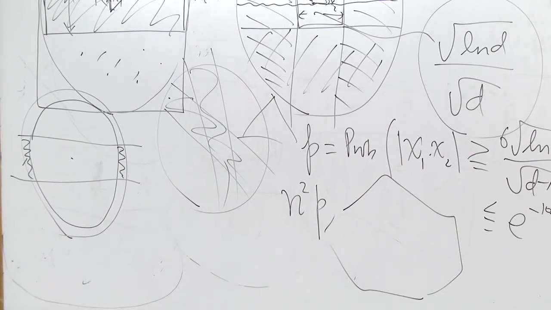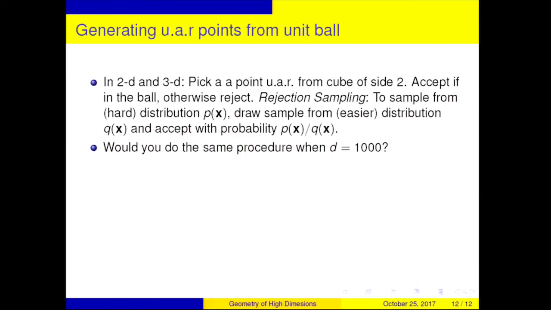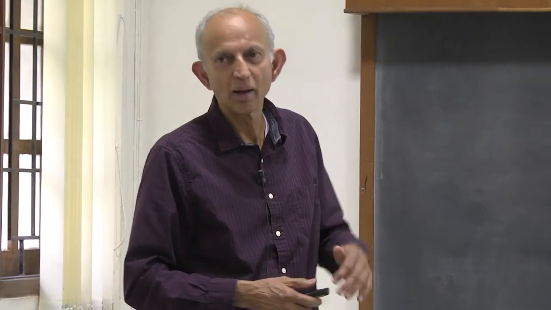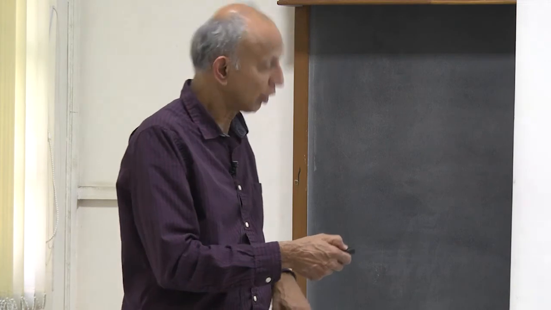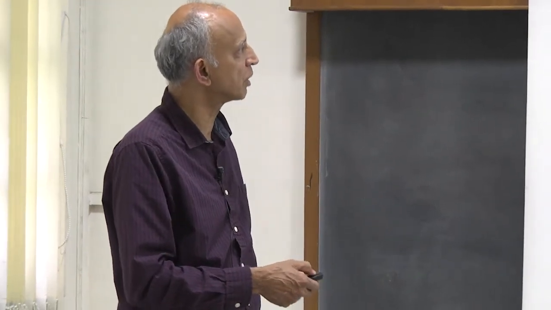And rejection sampling does not work for this very reason, because the enclosing object is always much bigger. So what do you do if it doesn't work? You can look up that chapter, or I can give you literature. We won't actually do that in this course. You employ a Markov chain Monte Carlo method, so you wouldn't do this in 1,000 dimensions.